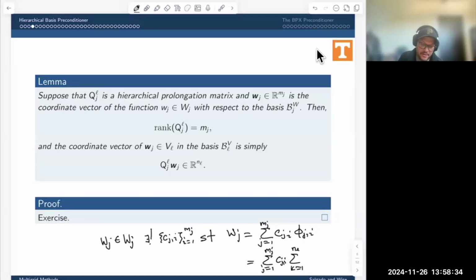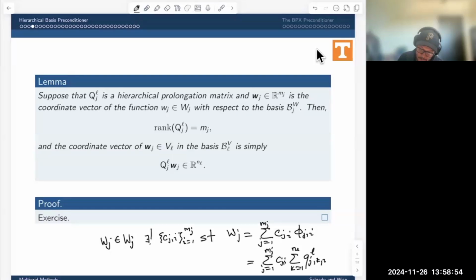Now each one of these guys has a sum, and that was what we called Q, QJL. Which was it?